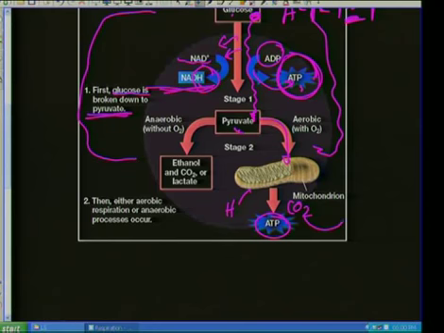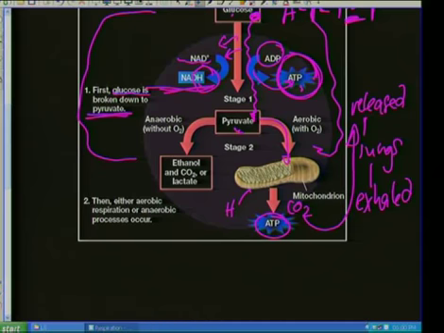The carbon dioxide will go to your lungs, and from the lungs it will be exhaled. This hydrogen is going to go to the next stage, still in the mitochondria, known as oxidative phosphorylation. Okay? So we've looked at it in words, we've also looked at it in pictures.